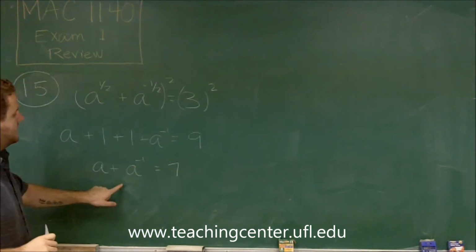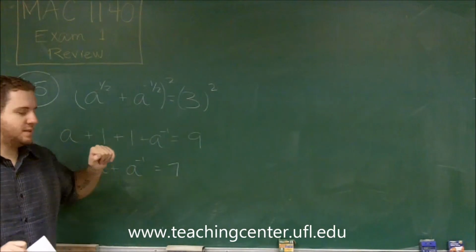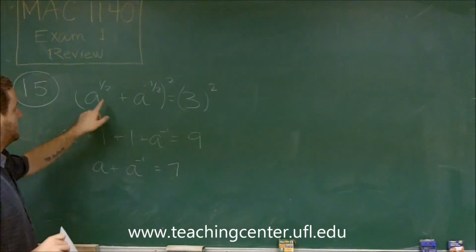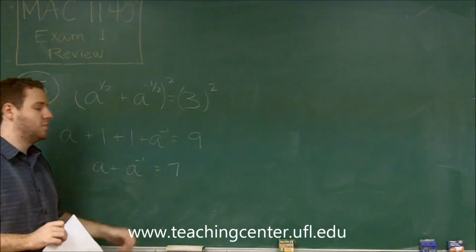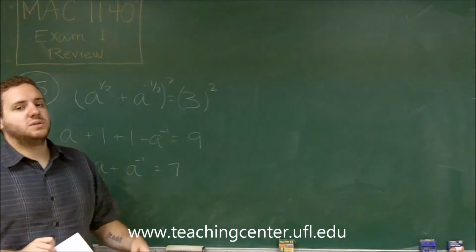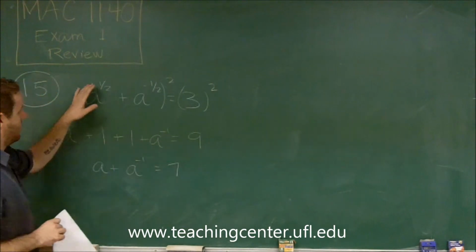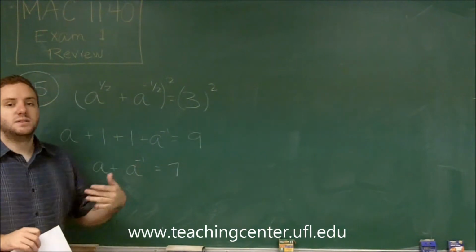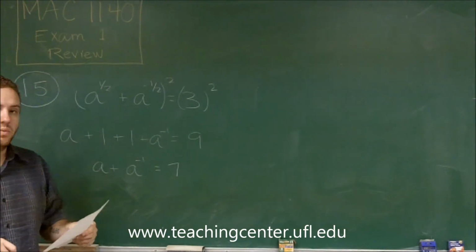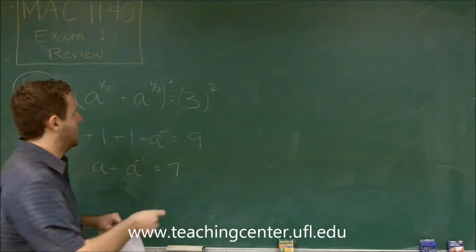we end up with a pretty similar looking equation to what we had, except now our powers are 1 and negative 1 instead of 1/2 and negative 1/2, and our number changed. But we can just do the same process again. If we square both sides again, now our powers will go from 1 and negative 1 to 2 and negative 2, which is exactly what we want here. So let's square this one more time.